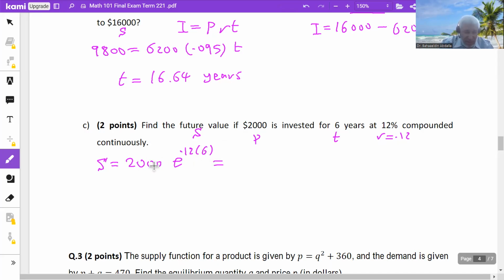And you can use the calculator. You have the button e there, you raise it to 0.12 times 6, and you make sure that the future value in dollars will be 4108.87.